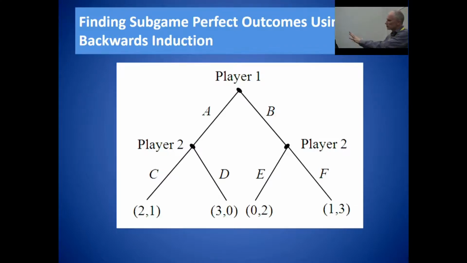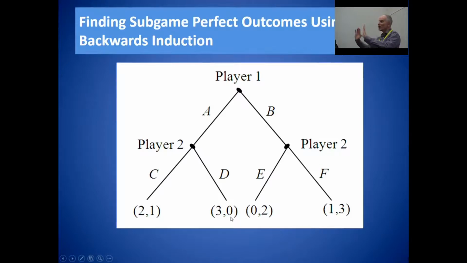There's nothing else that you've got to help you to identify the outcome. So if you look at these four terminal histories, you've got AC, AD, BE, and BF. Which one will be chosen? Which would be the most likely outcome? What would be the subgame perfect Nash equilibrium? Well, if you just glanced at it, you might say, well, what might the outcome be?